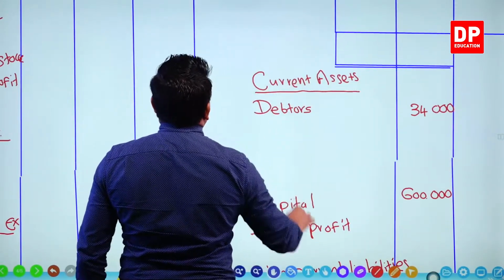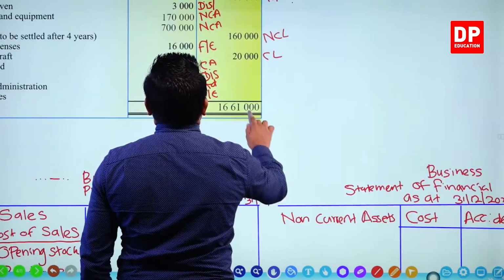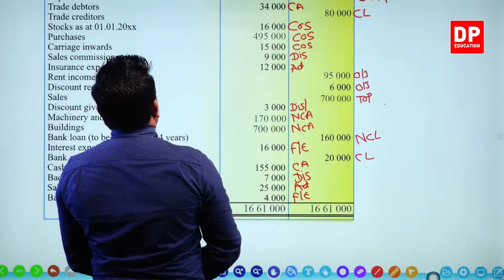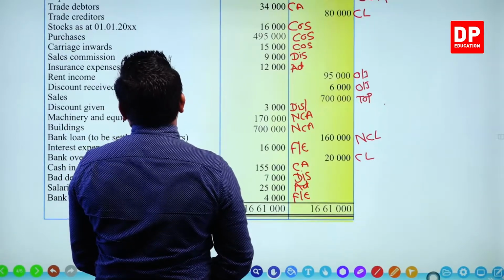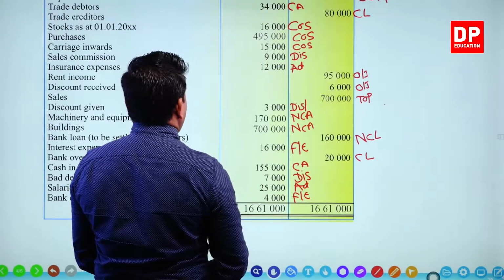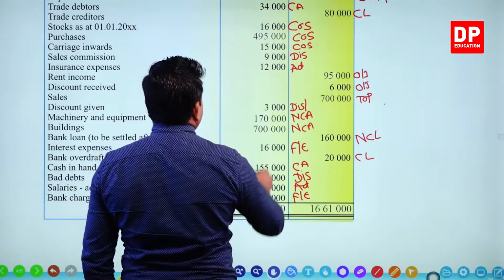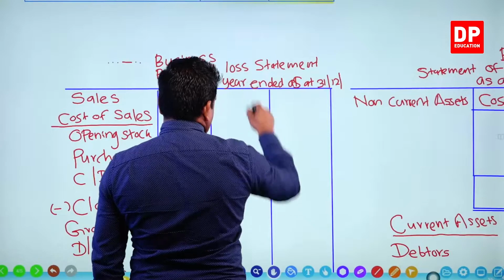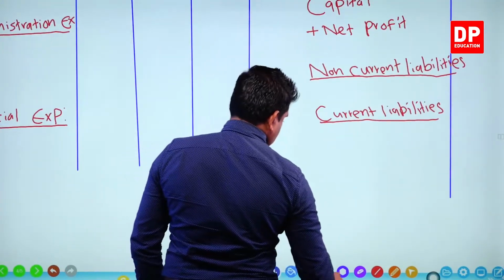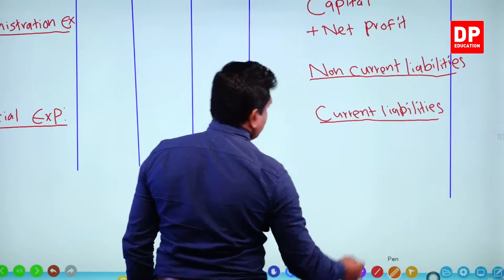Then next, trade creditors 80,000. Opening stock 16,000.